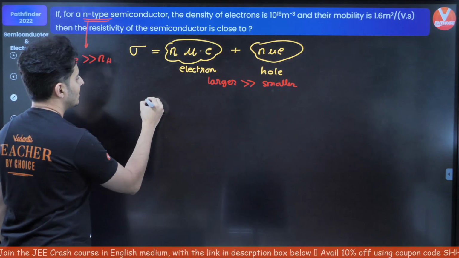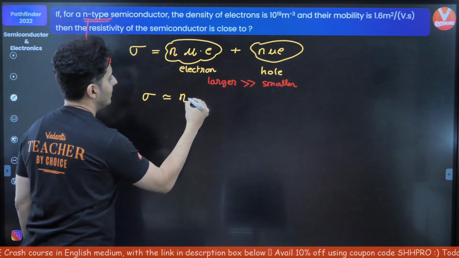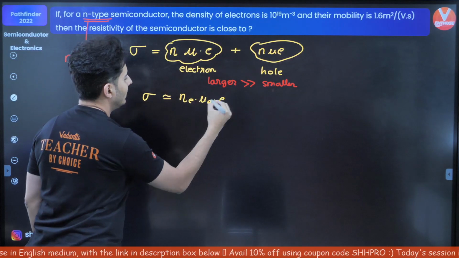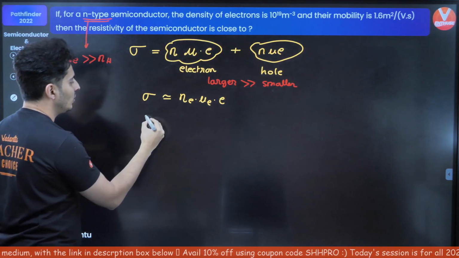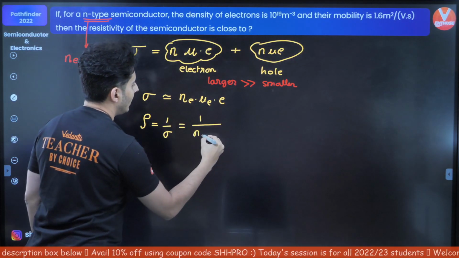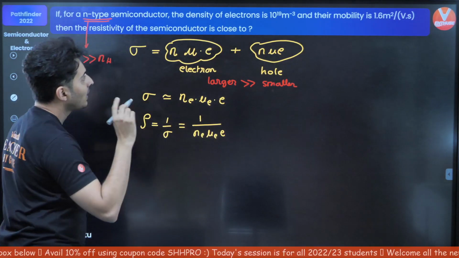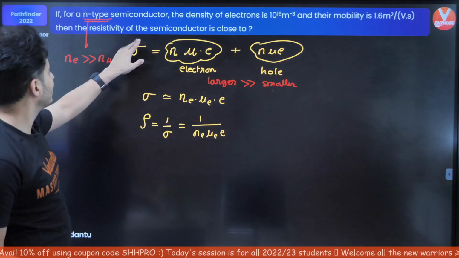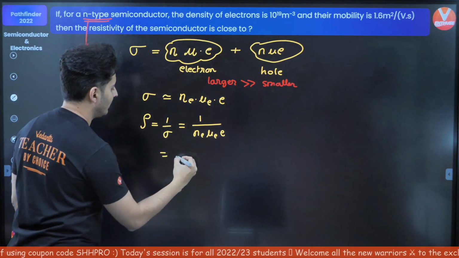Sigma therefore approximately becomes n e mu e. And resistivity, I know resistivity is 1 by sigma, therefore it is 1 by n e mu e. What has been asked? The question is the resistivity. All right, let's start substituting everything.